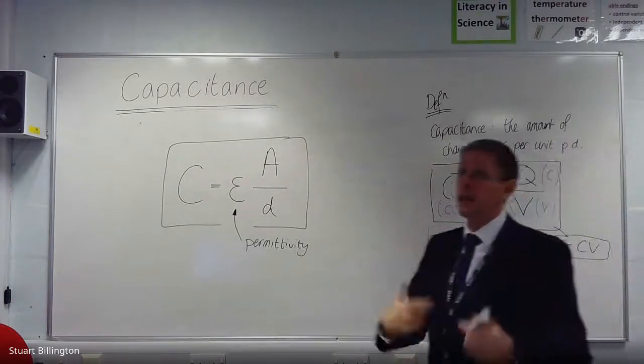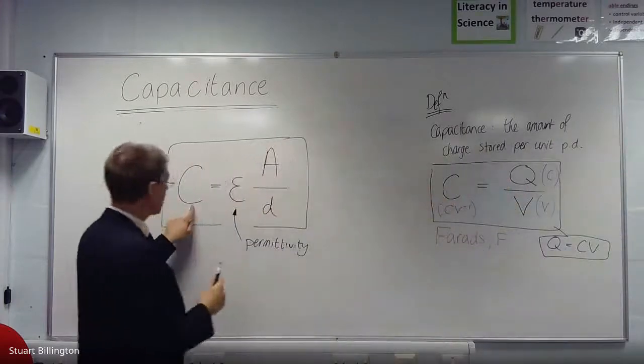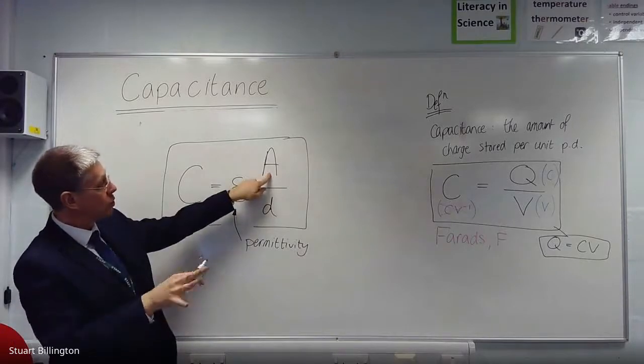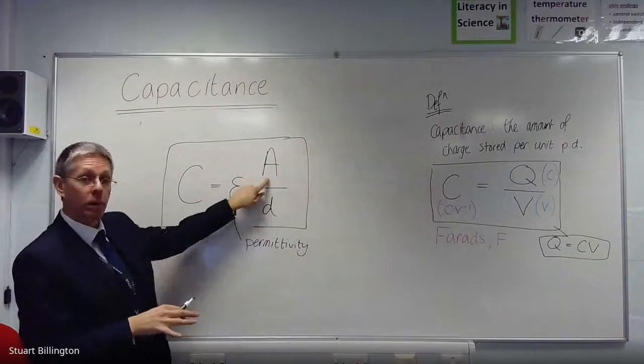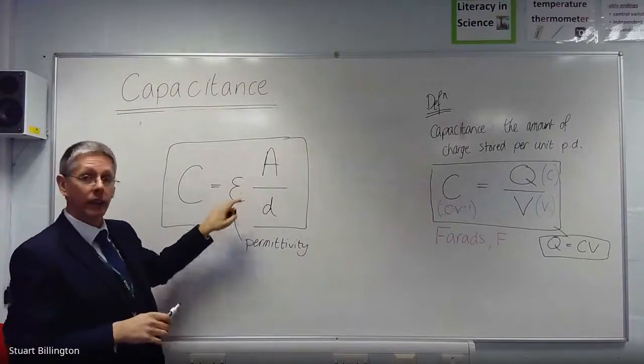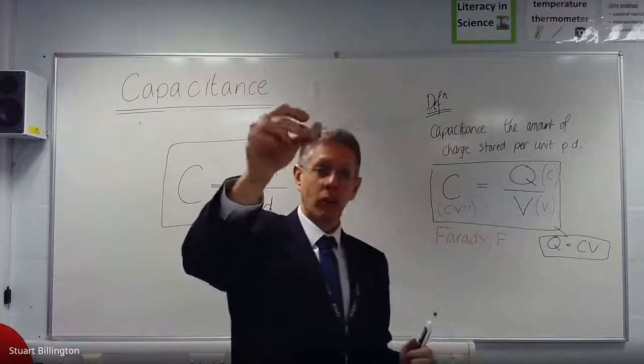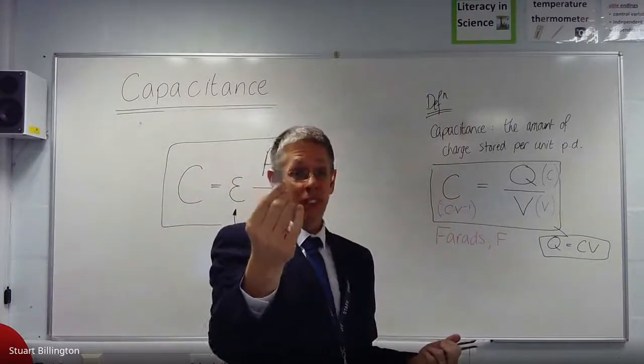But if you're designing the capacitor so that it has a particular value of capacitance, you would make sure that you tweaked these three values appropriately so that you can achieve the value that you want in the scale form that you want, so that it also fits on the circuit board, I guess.